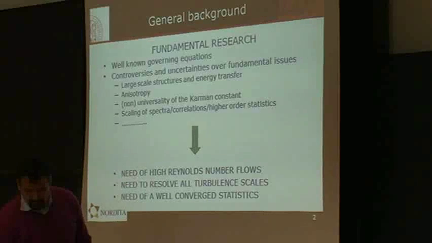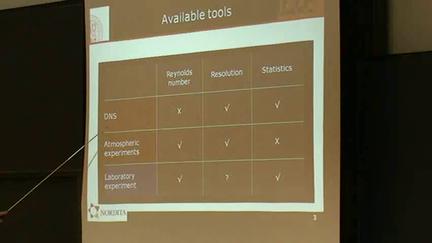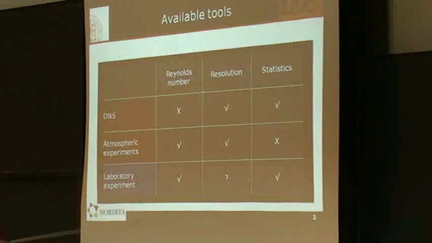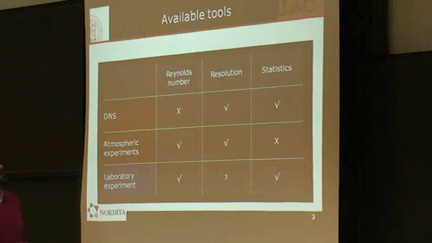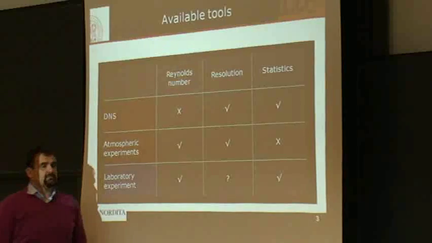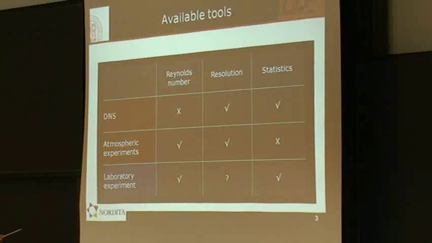As my colleague Jean-Daniel showed in the early part of the program, we can use several tools. Direct numerical simulation has quite good resolution and good statistics, but still, we think, too low Reynolds number.